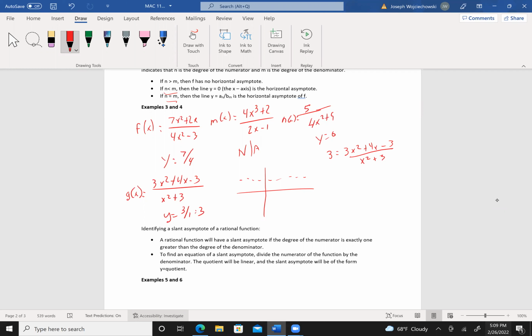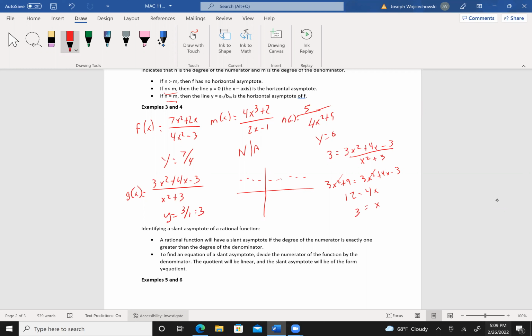Go ahead and multiply the x squared plus 3 by both sides, and we get 3x squared plus 9 equals 3x squared plus 4x minus 3. Subtract 3x squared from both sides, and they cancel out. Add 3 over here, and we get 12 equals 4x. Divide by 4, and we get 3.